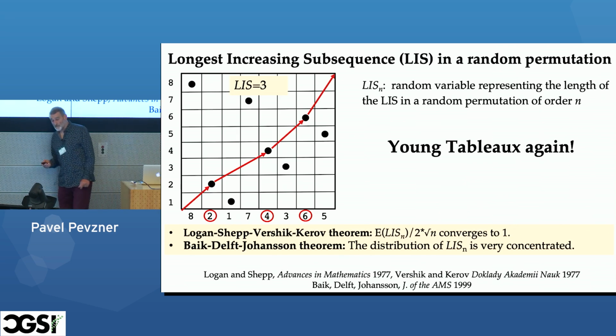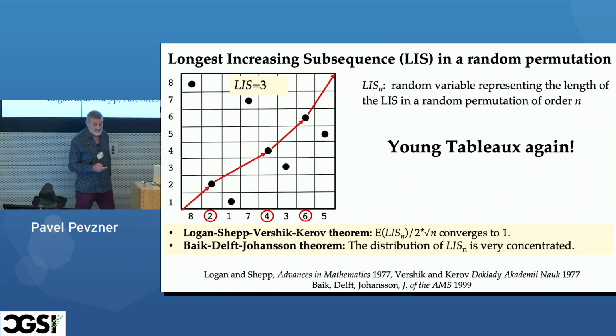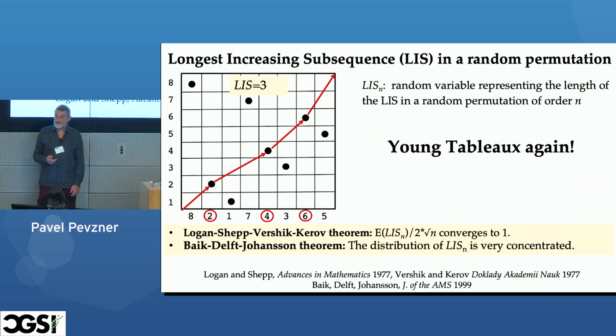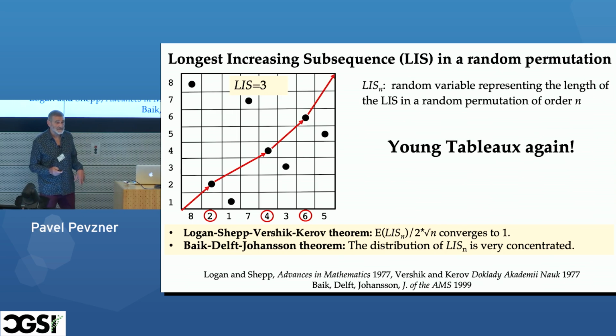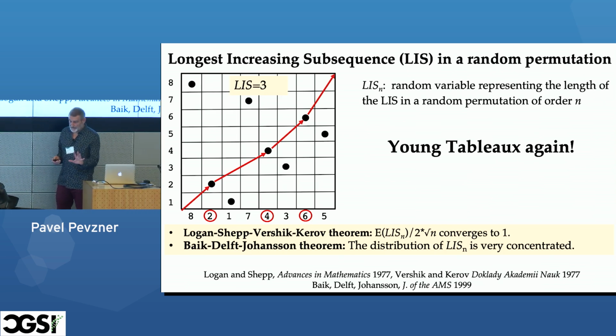Then there was follow-up work showing that the distribution of this random variable is very tight, but this is an extremely sophisticated result, well above my pay grade, so I don't know how it was done. Anyway, that's what we know.